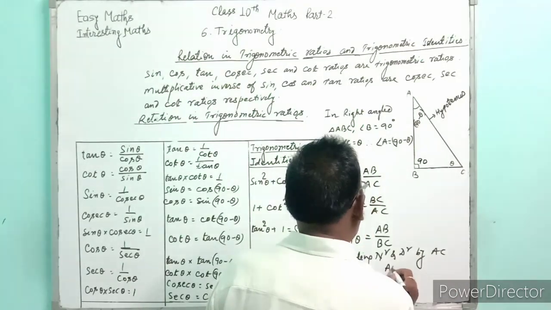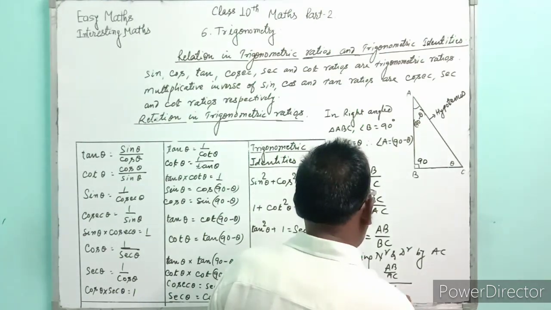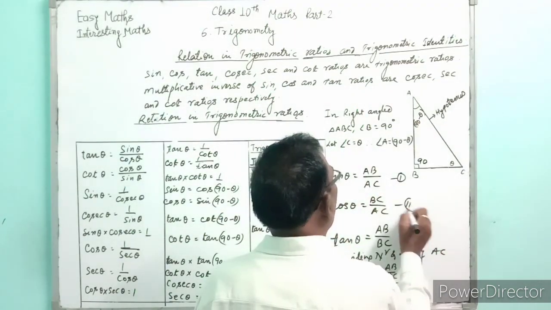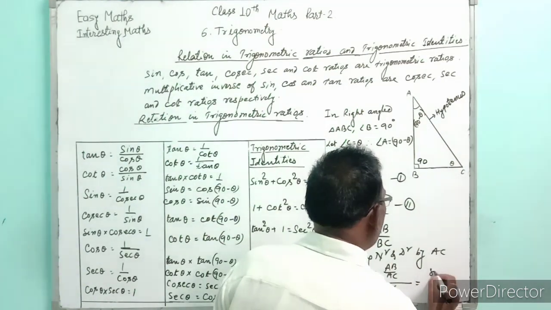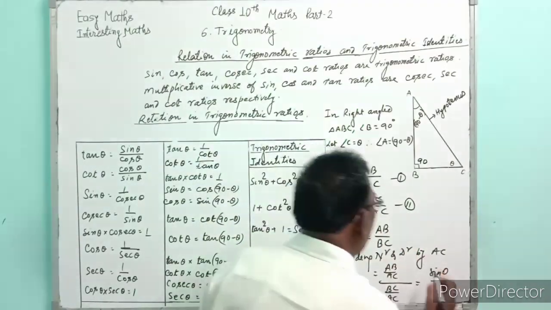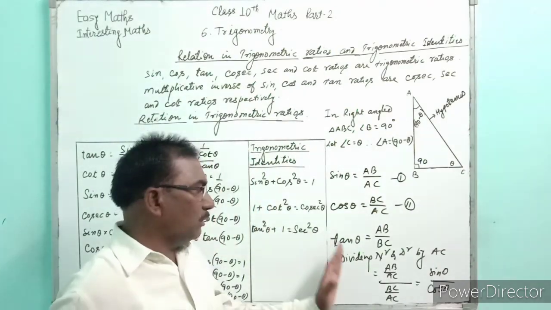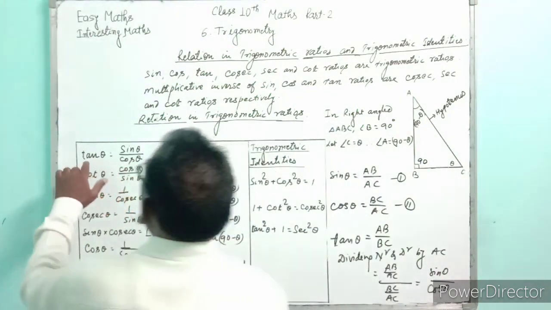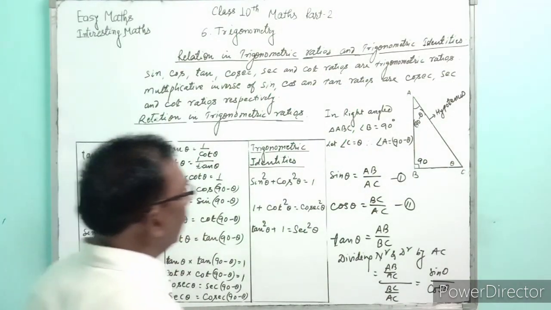Therefore, AB by AC upon BC by AC. But suppose 1 and 2. From 1 and 2, AB by AC is equal to sin theta. BC by AC is equal to cos theta. So, tan theta is equal to sin theta upon cos theta. Our first relation is tan theta is equal to sin theta by cos theta.